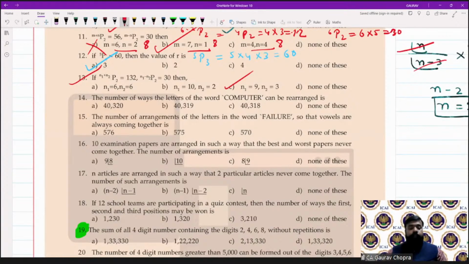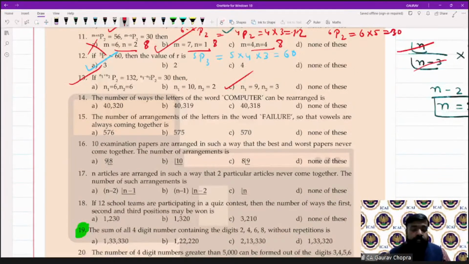Now 14th one. The number of ways the letters of the word computer can be rearranged. First of all, we have to rearrange the word computer. That means we have to use all the alphabets. We don't have to use 3, don't have to use 4, we have to use all the letters of the word computer. So how many alphabets are there in computer?